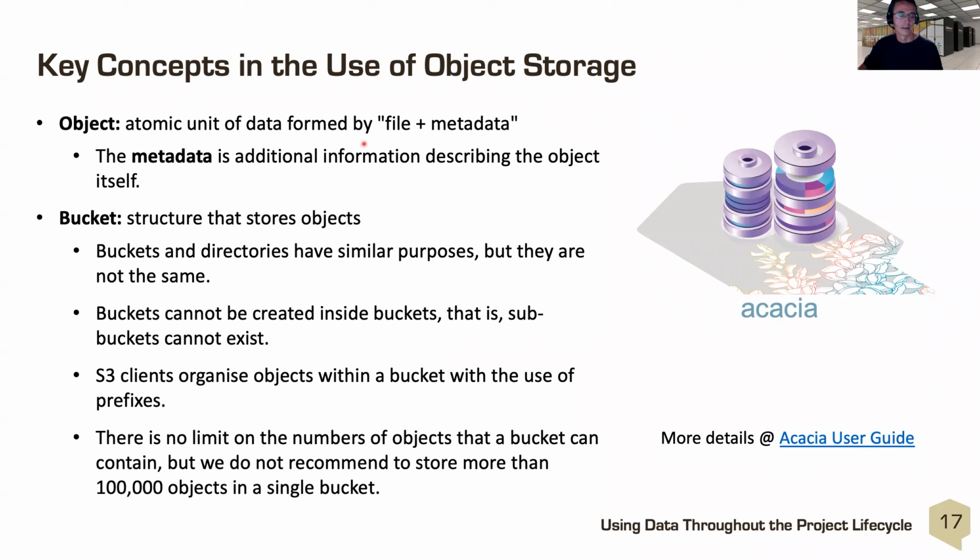But the thing is that files are not just stored as they are, they are attached with additional data, which is called metadata. And this metadata is information that basically describes the object.